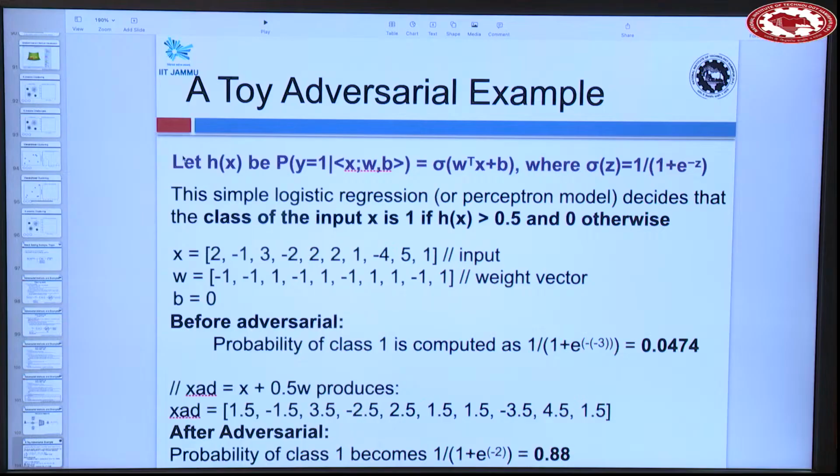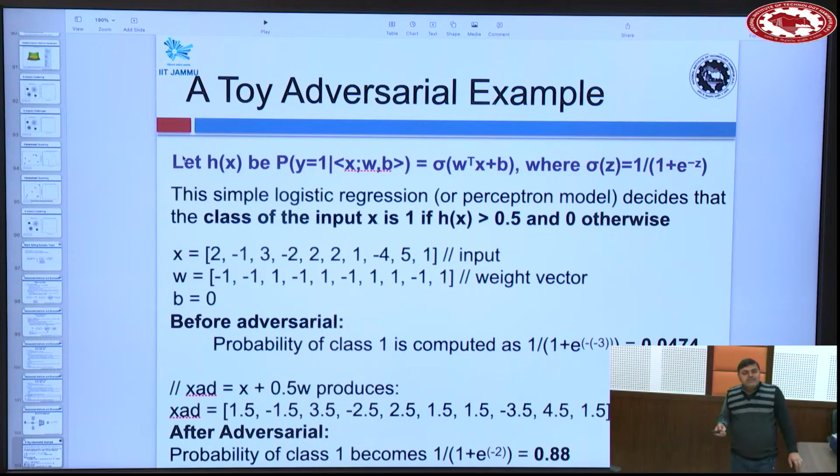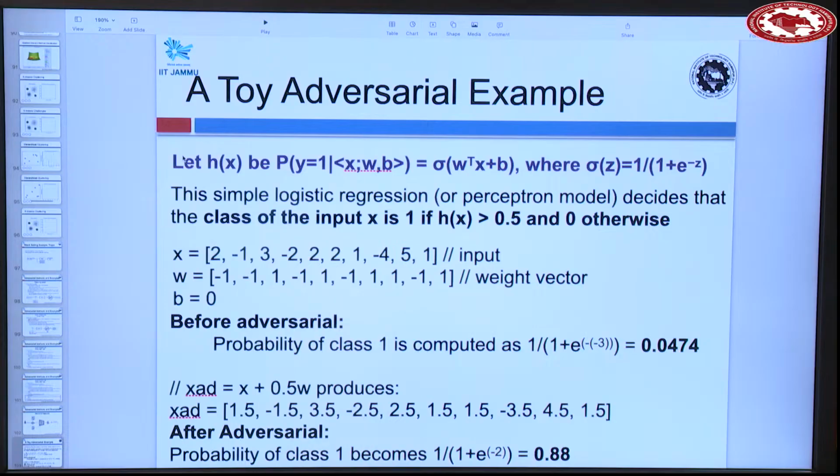Right. So, its shape is like an S, or you can say a mirror image of S, or many times we call it a bell shape.